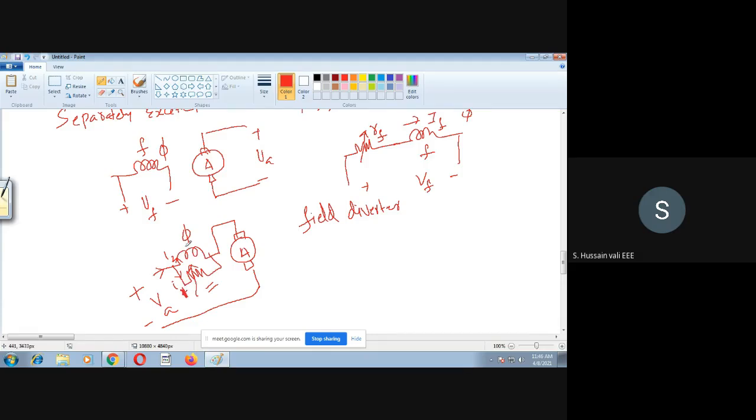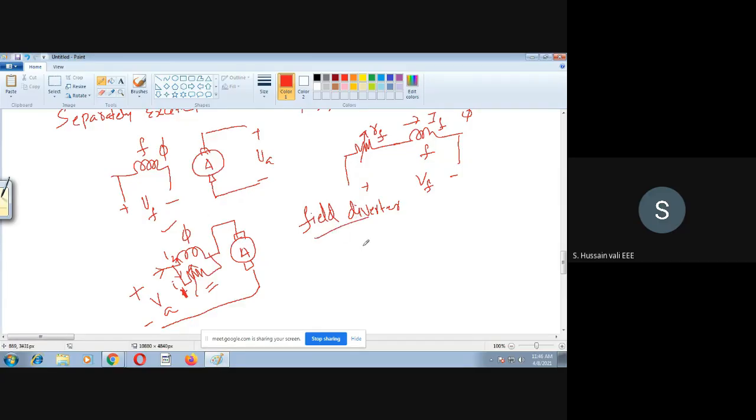It means you are varying the current in the field winding with this field diverter. So the flux developed by this field winding also varies, because the current in the field winding varies. As the flux varies, the speed varies. That's the logic here. That is using the field diverter.